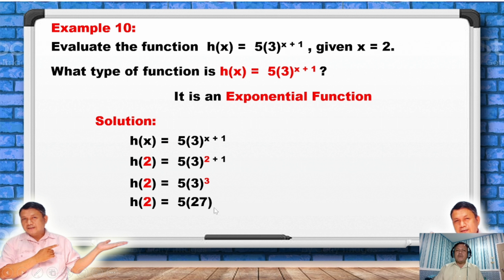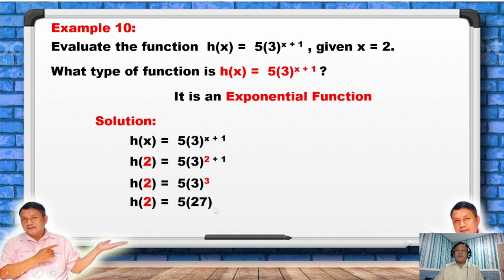Number 11 is this. Evaluate the function f of x is equal to 5x minus 7 over 3x minus 2, given that x is equal to negative 3. What type of function is this?